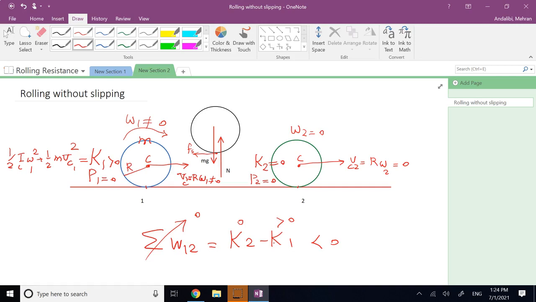Unless there is something that does some negative work, so it justifies this reduction in kinetic energy. And what is that? That's what we call the rolling resistance. So as we're going to see in a minute, the rolling resistance is basically a force that acts quite similar to the friction, if I call it the force of rolling resistance.